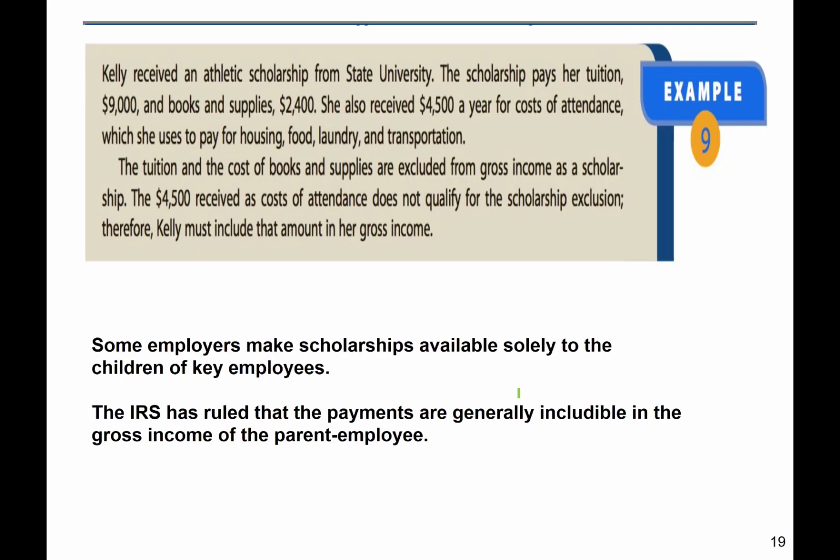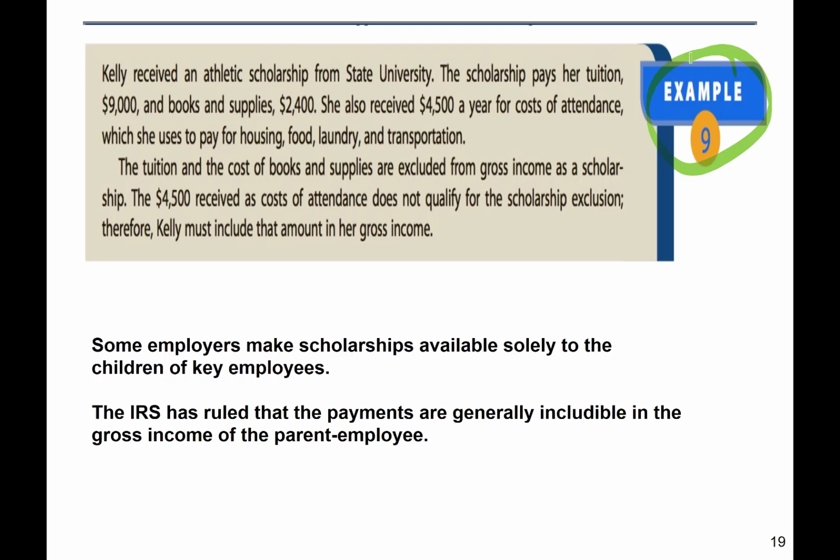Okay, so let's look, and again, guys, on the screenshot thing, where there are examples, I'll put those in, just because it's the best way to present them. They come right out of the book. I think you recognize the book's designation for examples. Kelly received an athletic scholarship from State University. The scholarship pays her tuition, $9,000, and books and supplies, $2,400.